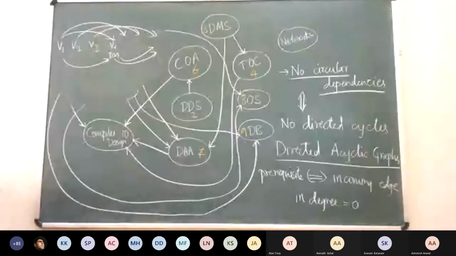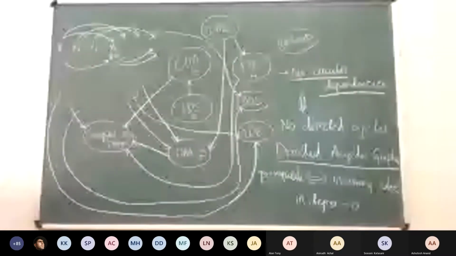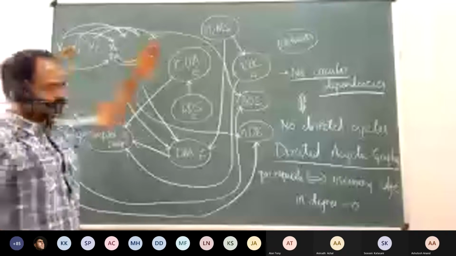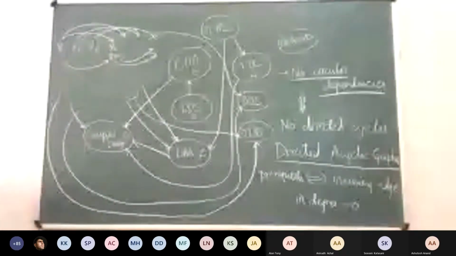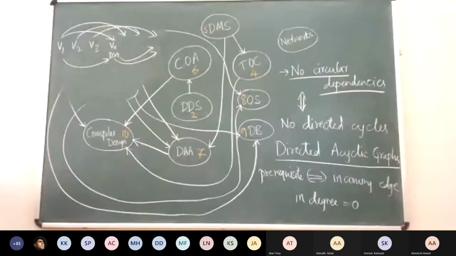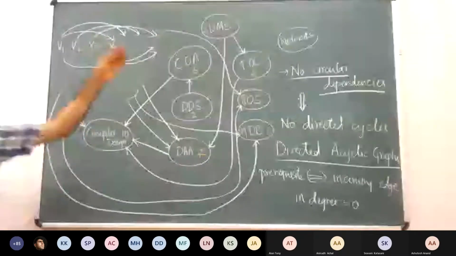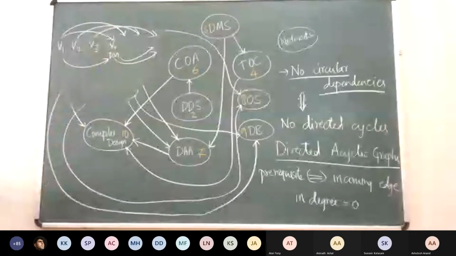Okay. So whatever ordering we get here is very special in the sense that all the edges are going from left to right, or what we call forward edges. All are forward edges, right? Nothing is coming back.